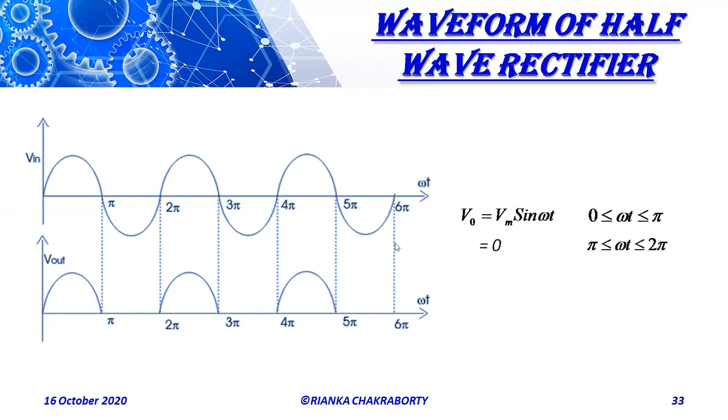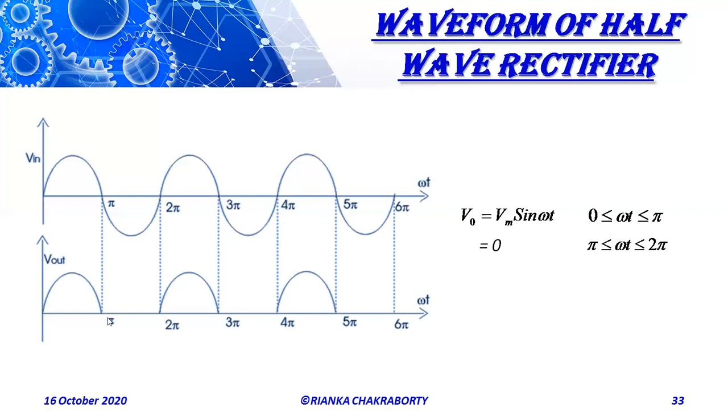So from this waveform, we get that the output voltage V0 equals Vm sin omega t. Vm is the maximum voltage and this is the sinusoidal signal, a sine wave actually. So we get V0 equals Vm sin omega t when omega t is between 0 to pi, and V0 equals 0 when omega t is between pi to 2 pi.